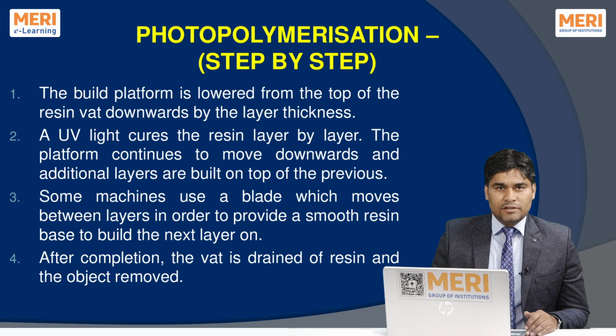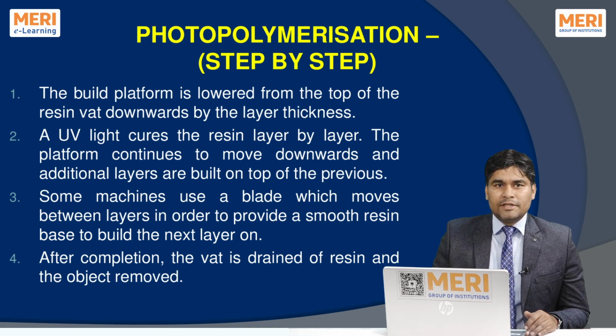object. In some advanced machines, a blade or wiper mechanism moves across the resin surface between layers. This helps in evenly spreading the resin and maintaining a smooth and uniform layer thickness, which improves dimensional accuracy and surface finish.